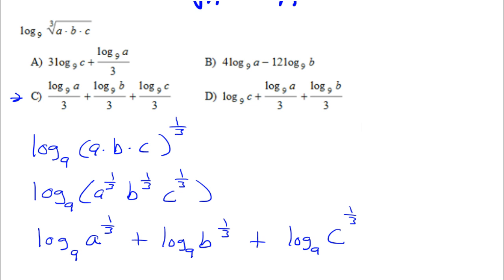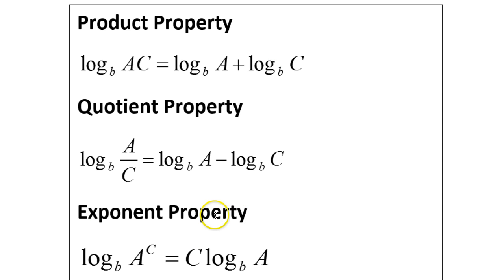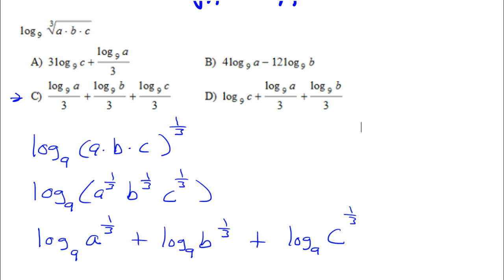So what else can I do? Well, there's another property called the exponent property. And the only difference between the left side and the right side is when you have the log of something with an exponent, you can take that exponent and put it in the front. So see, this c jumped in the front and it became c log base b of a. So you can put it in the front. So I could do that 3 times right here.